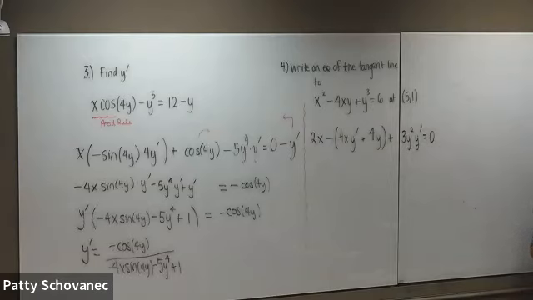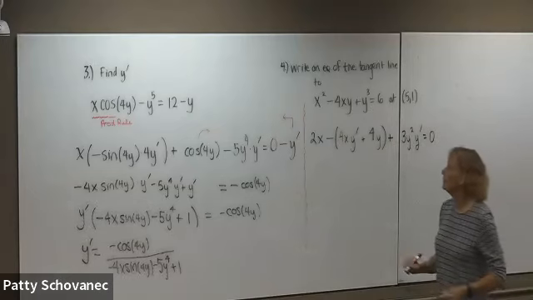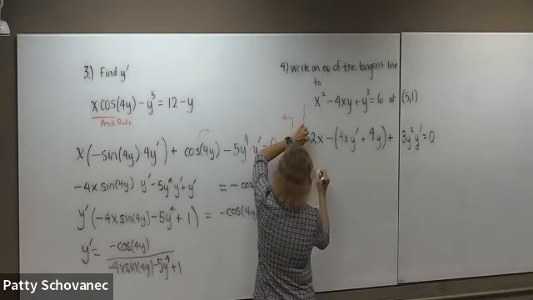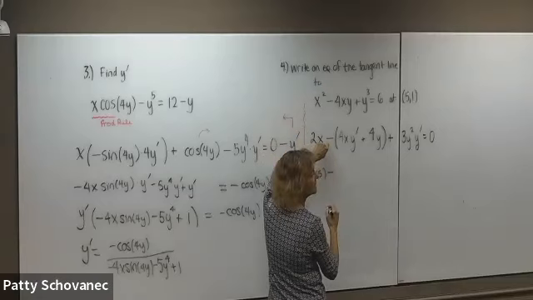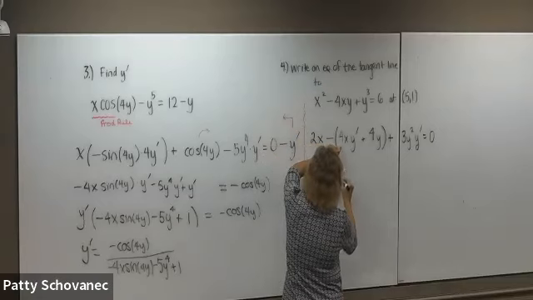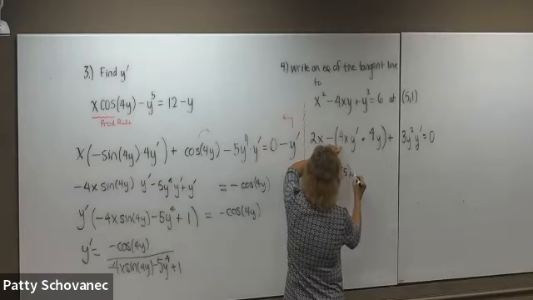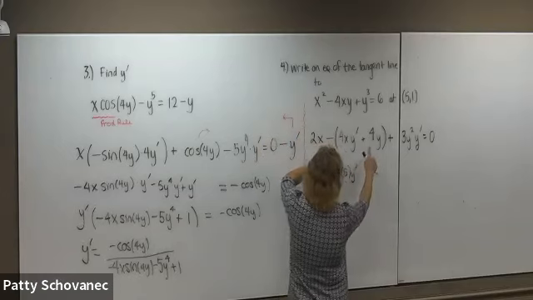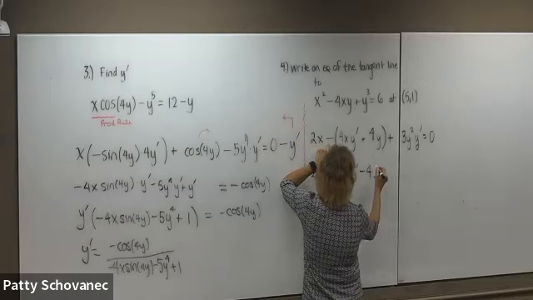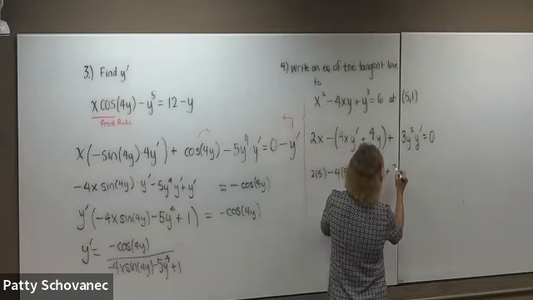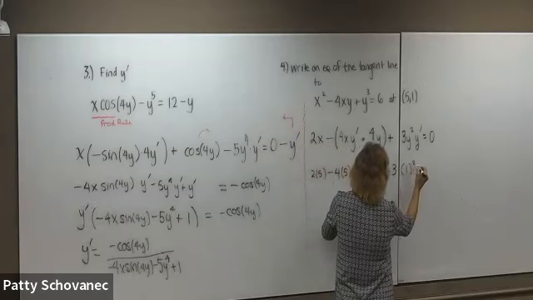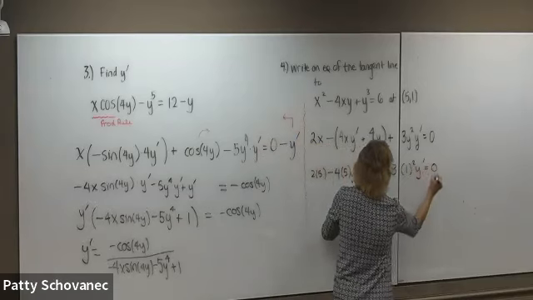We've got a point, let's put 5 in for x, 1 in for y. So we're going to have 2 times 5 minus, I'm going to distribute the minus sign as I do that, 4 times 5 times y prime minus 4 times y, but we know y is 1, plus 3 times 1 squared times y prime is equal to 0.